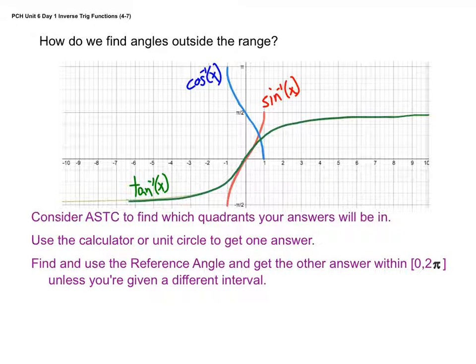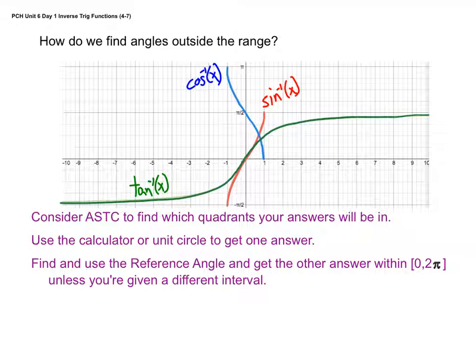Just so you can see it a little bit better. Okay? So how do we find the answers that are outside that range, that we know exist, but they're outside the range for our arc cosine, or arc sine, or arc tangent?